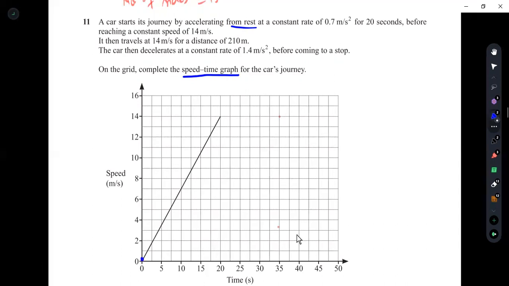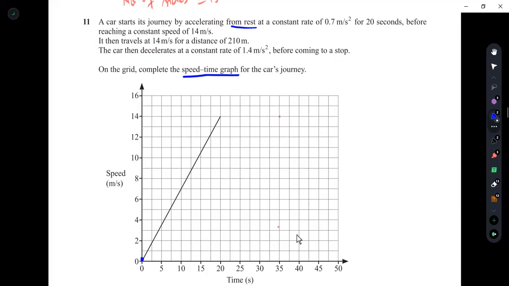So in 20 seconds, it reached a speed of 14 meters per second. This is shown already here. If you multiply 20 by 0.7, you get 14. Each second it increases by 0.7, so in 20 seconds, 20 times 0.7 is 14.